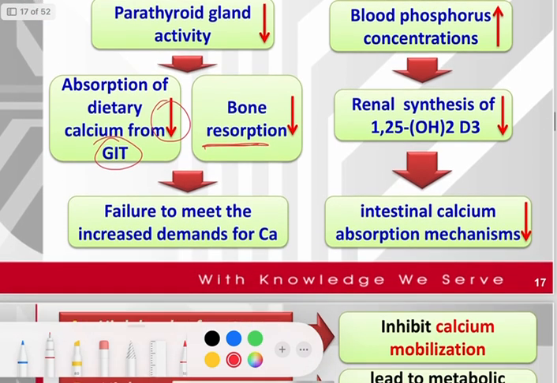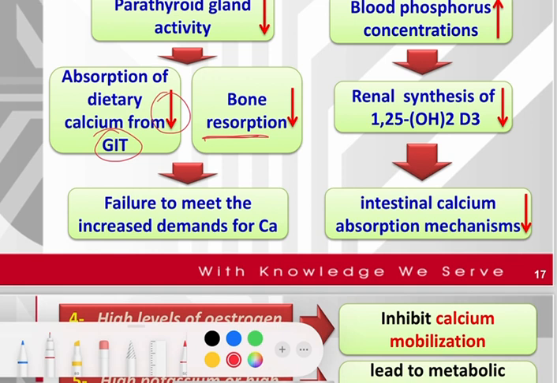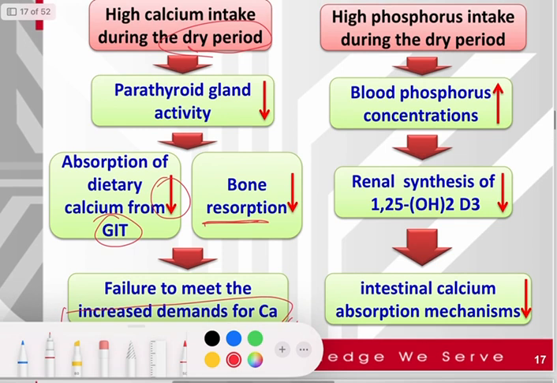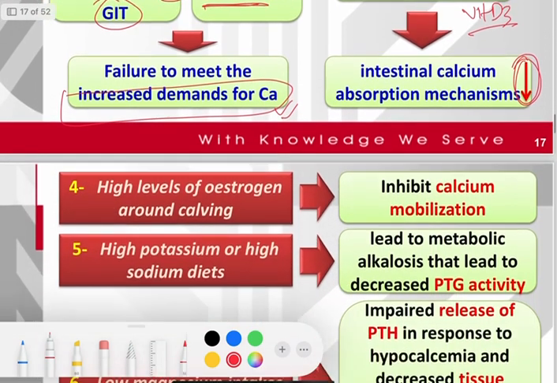So these two factors will cause failure to meet the increased demand for calcium during and after parturition. High phosphorus intake during the dry period causes blood phosphorus concentration to increase. Therefore, renal synthesis of vitamin D3 decreases, and this will cause the intestinal calcium absorption mechanism to go down, and therefore hypocalcemia occurs.